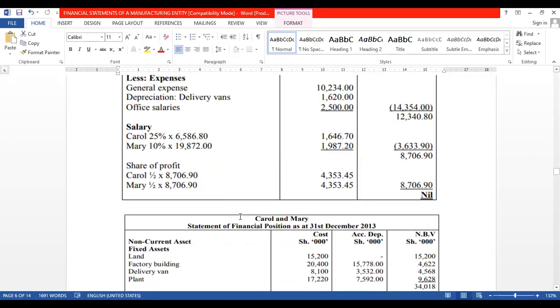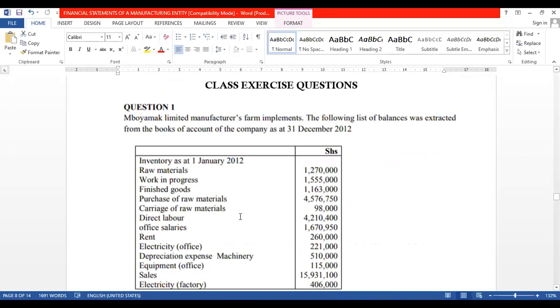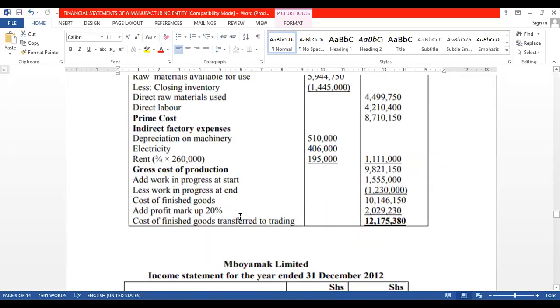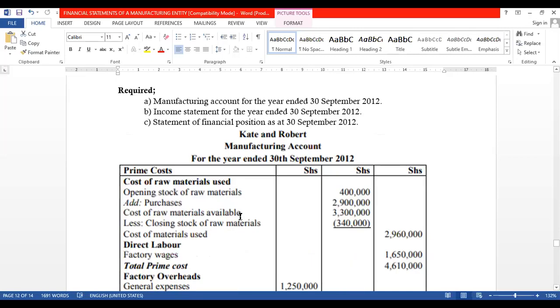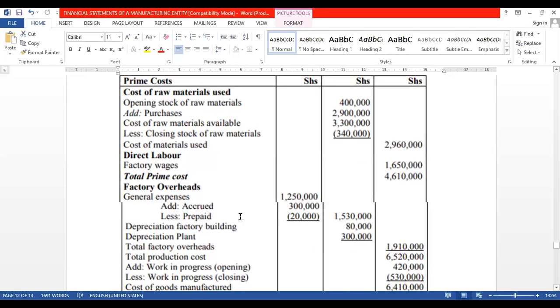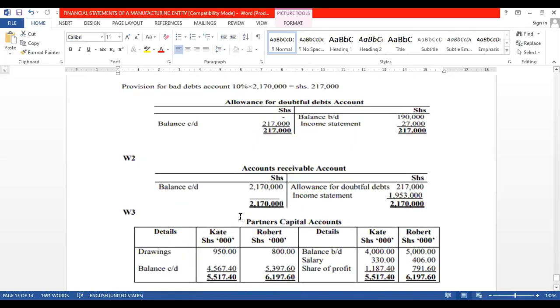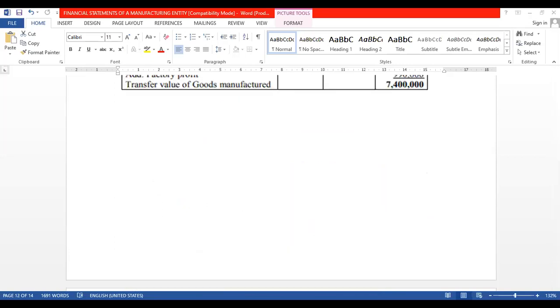It is good that we do it practically for us to be able to understand. I want to refer us to Mboya Mark. What we start with, let me see. The case for Mboya Mark. Yes, we can do the Mboya Mark.